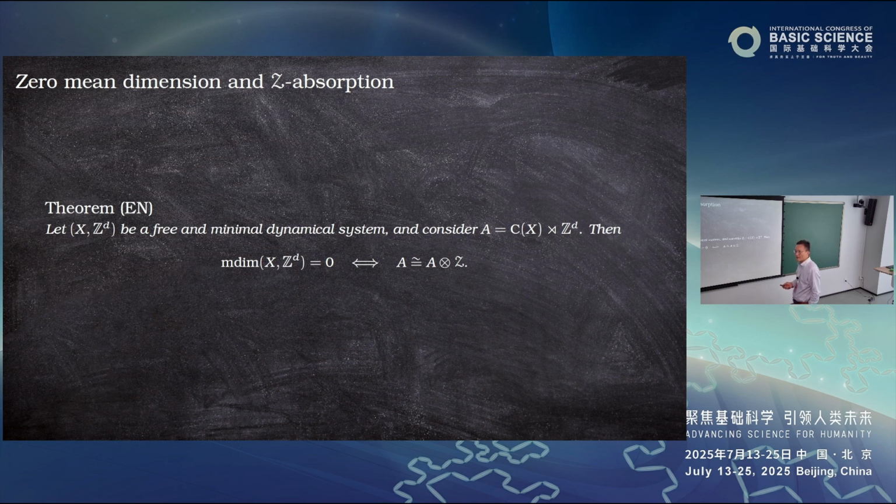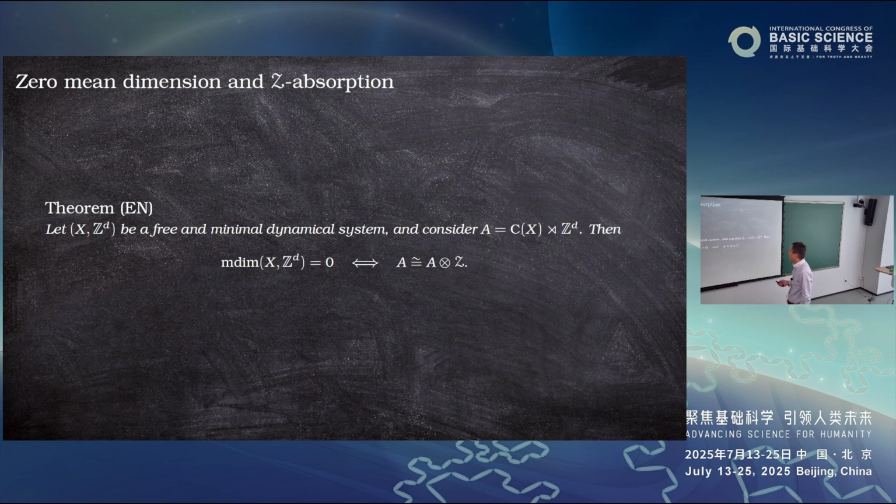Well, in the rest of the talk, I'm going to talk about the proof of this theorem, or roughly the idea of the proofs. It will be slightly more technical. I apologize in advance. So mean dimension and Z absorbing.